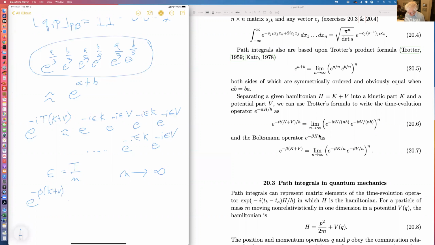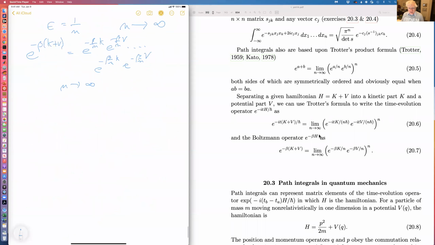And here, once again, it's e to the minus beta over n k, and e to the minus beta over n v, dot, dot, dot, e to the minus beta over n k, e to the minus beta over n v. And you take the limit n going to infinity, and this is essentially an identity.